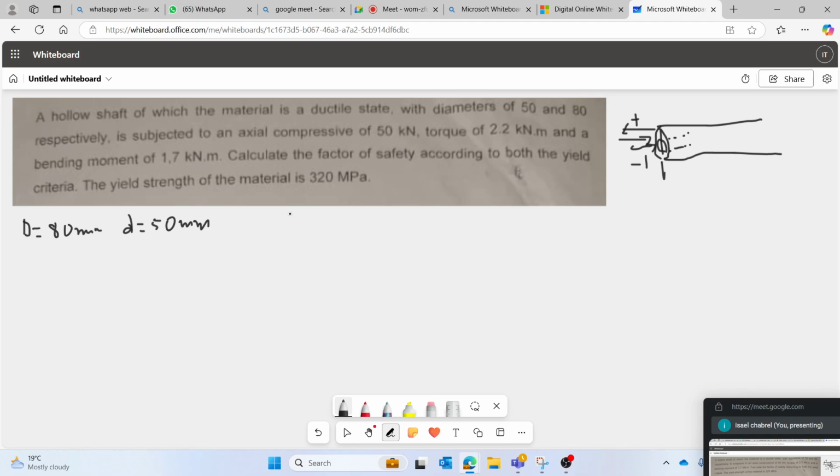Now, we have a compressive force F, which is 50 kilonewton. We have a torque, which is 2.2 kilonewton meter. And then we have a bending moment, M, which is 1.7 kilonewton meter. And we have the yield strength. How do we represent yield strength again? I forgot how to write it.